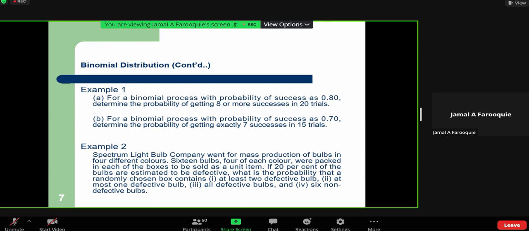So N is 16, small p is 0.2. What is R in the first case? 2. No, at least 2. So greater than or equal to 2. At least 2. So how will you express R?